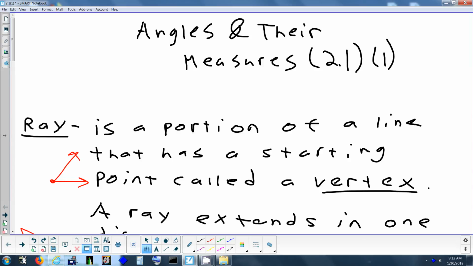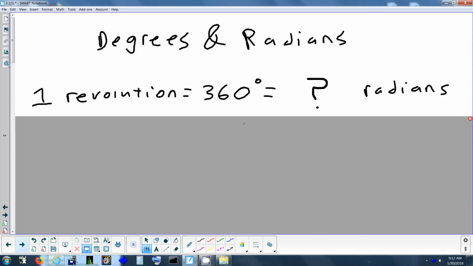Well, that's going to be our goal to figure out here. We know one revolution is 360 degrees, but how many radians is that? If we can figure out how many radians are in 360 degrees, that's our starting point. We can use that to figure out anything else you want to know.